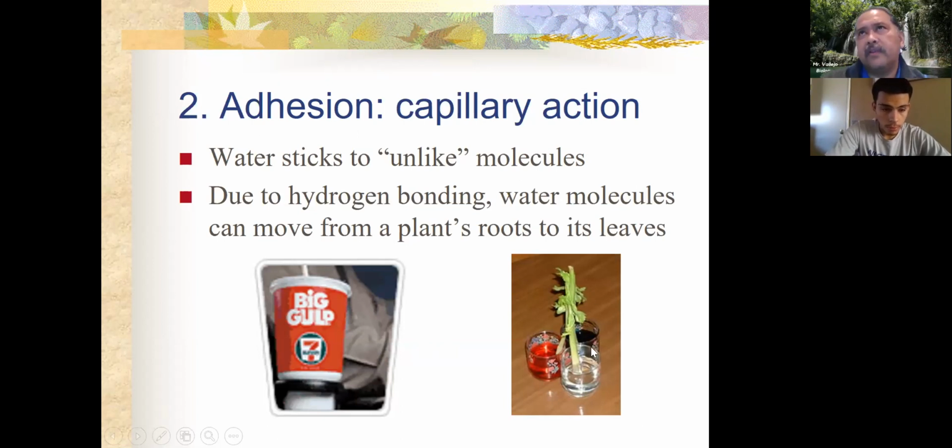There are also a couple of other things we'll talk about later. There's a process called transpiration, which is a loss of water through the leaves. And then also there's surface tension. The surface tension, the capillary action, the transpiration, all of these things work together.